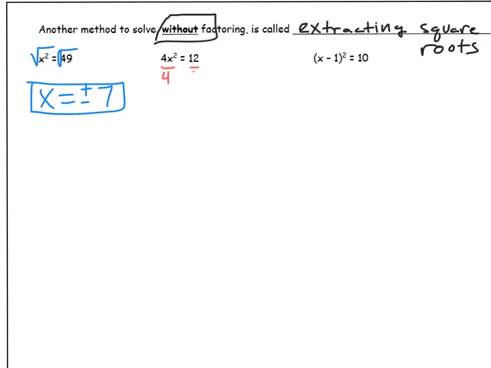Same thing here. Divide both sides by 4. You'll get that. Square root, x is plus or minus. Now 3 is not a perfect square like 49, which is fine. I just say plus or minus the square root of 3.